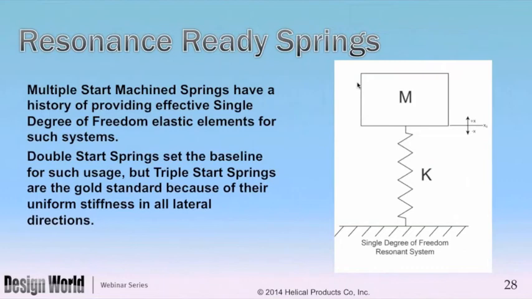Supposedly the motion will be just simple up and down. The problem is that the spring that is drawn in these books way back, hundreds of years, that spring doesn't exist. If you put a single start spring in here, you will get anything but single degree of freedom motion.